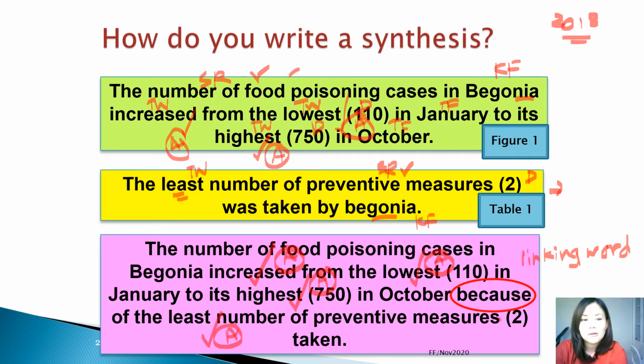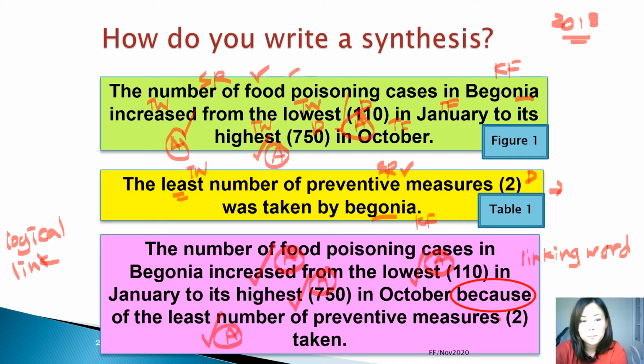What do I mean by logical link? Logical link means when you have more preventative measures taken, the number of food poisoning cases is supposed to decrease. But if you have less preventative measures taken, your number of food poisoning cases will increase.